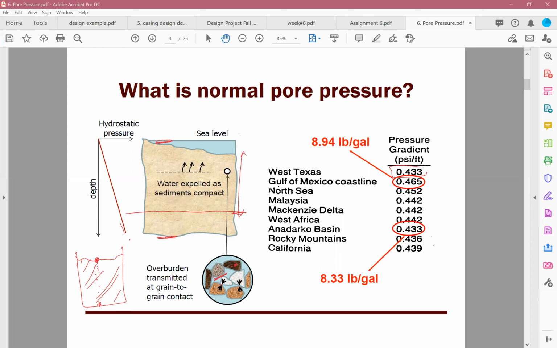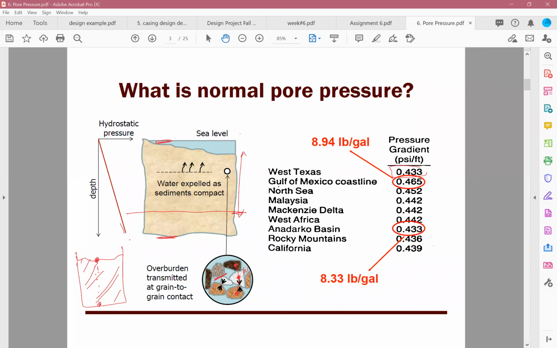This grain on the top puts some force on this one, and this one adds some force to the next, and each of them has some mass, and based on their mass they exert force on the bottom grains. This is called overburden stress, which we'll talk about again in this lecture.